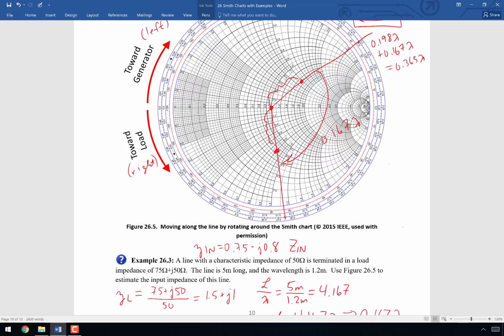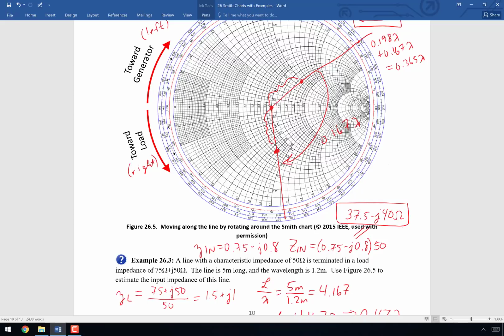Z sub n is equal to 0.75 minus j0.8 times the characteristic impedance of the line, which was 50, and that works out to be, wait for it, I'm just letting the suspense build, 37.5 minus j40 ohms.